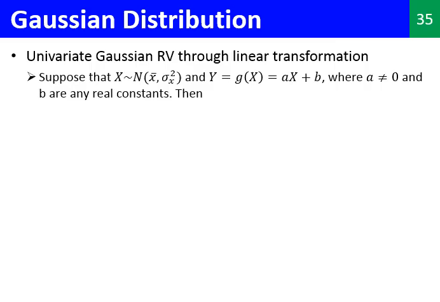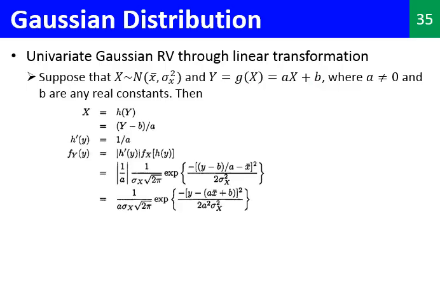Let's say we generate random variable y using a linear transformation applied to random variable x. So we have y equals g(x) equals ax plus b. Then we have x equals h(y), where h(y) is going to be (y minus b) over a. That's pretty straightforward from this part.